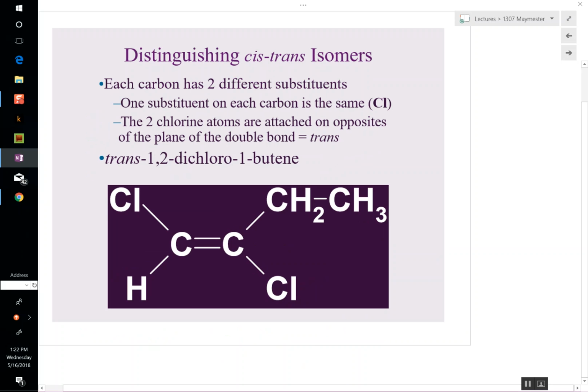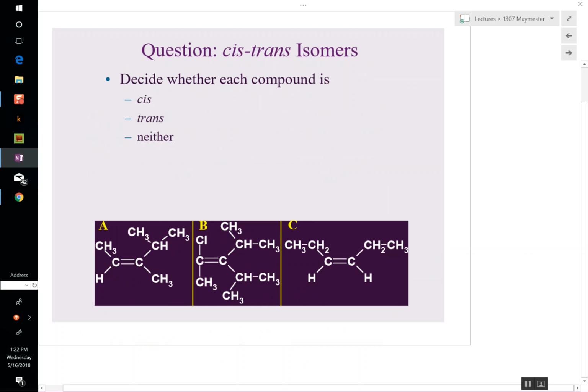Let's go on. Let's look at a few more. Let's just go through these rules now and figure out whether these are going to be cis or trans or not going to be cis or trans at all. Okay, so let's come on over here. Does that carbon have 2 different things on it? Yes. Does that carbon have 2 different things on it? Is that different from that? Yes.